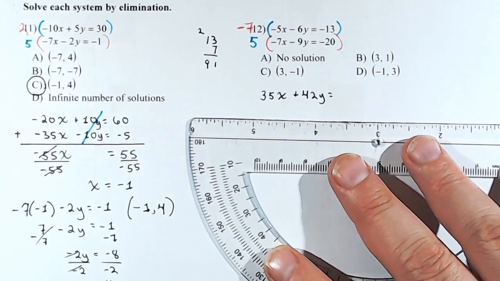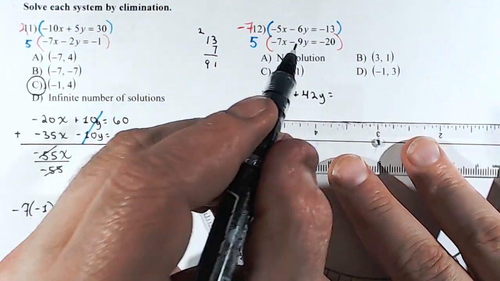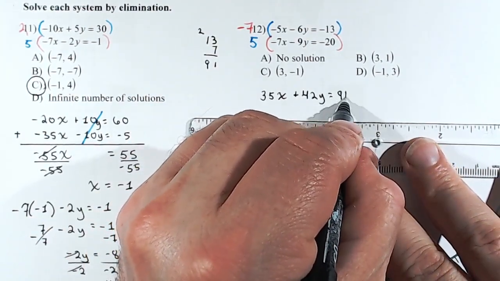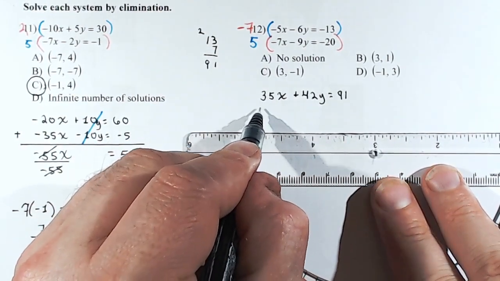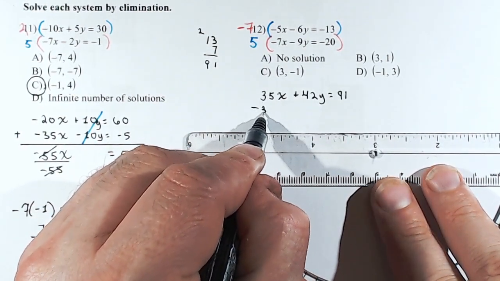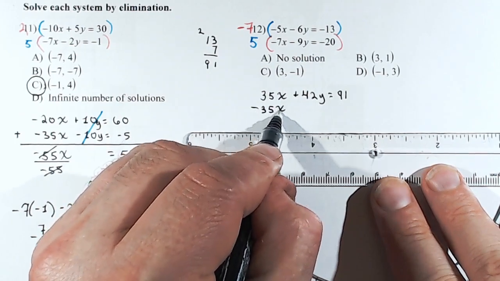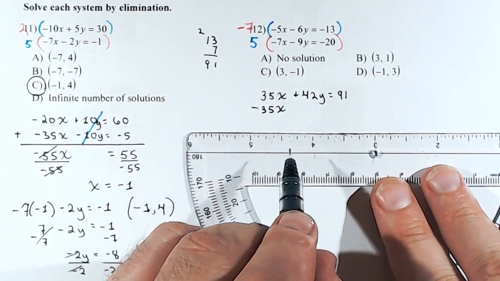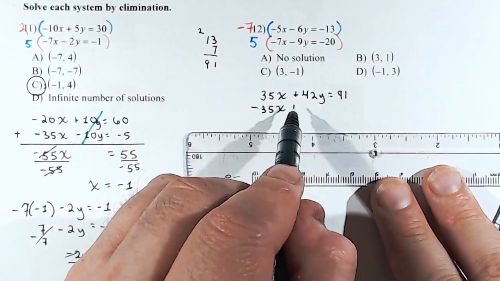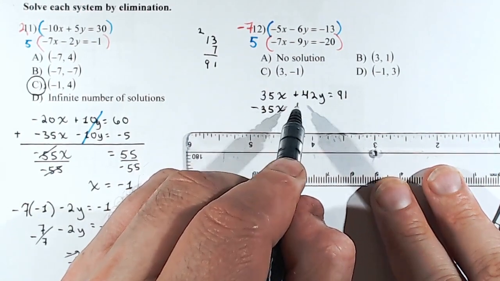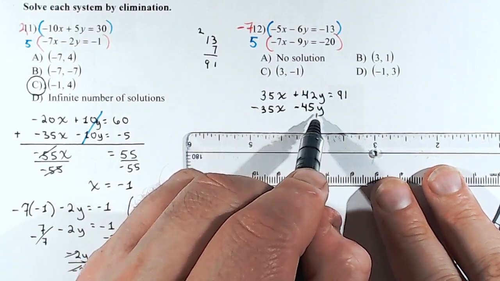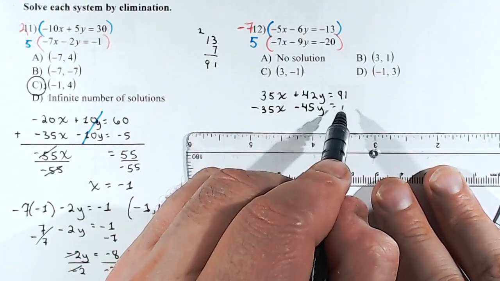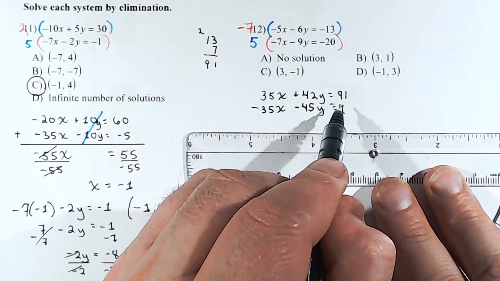It's 91. So negative 7 times negative 13 equals positive 91. And then down here, 5 times negative 7x, that's negative 35x. So those will eliminate by addition. 5 times negative 9 is negative 45y. And 5 times negative 20 is negative 100.